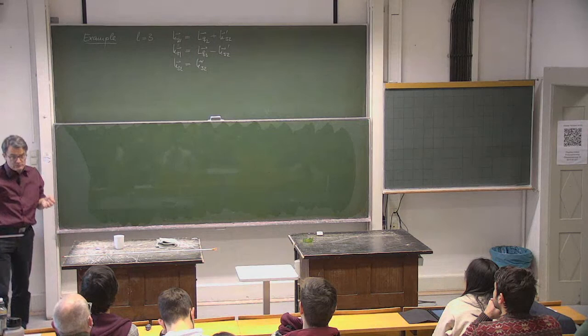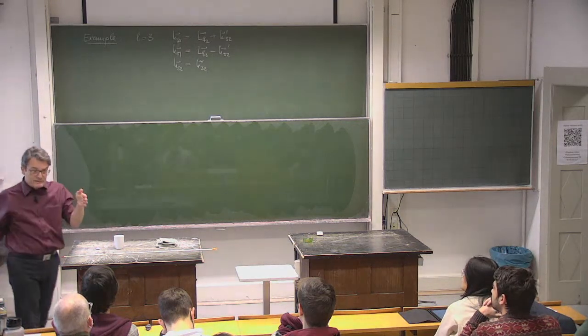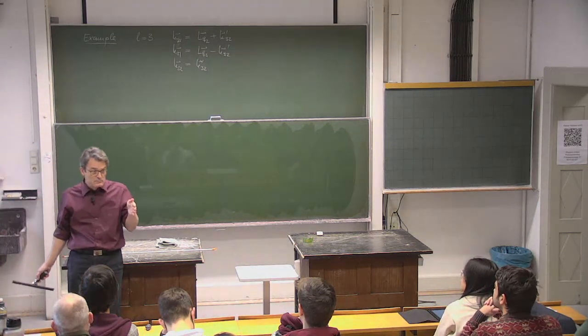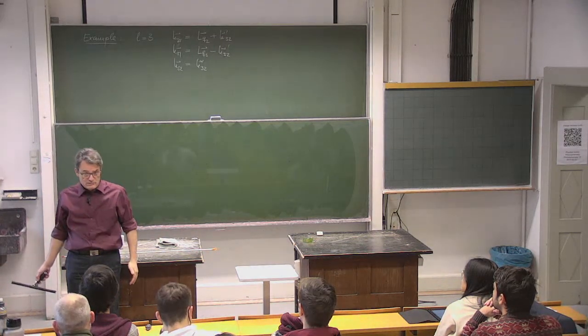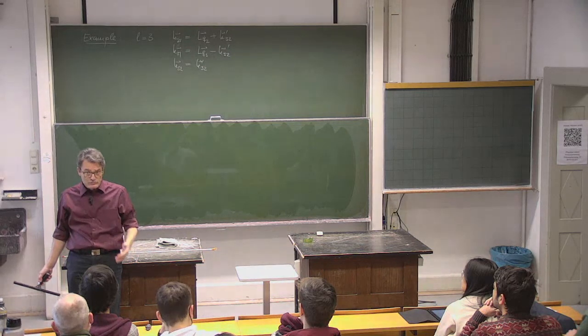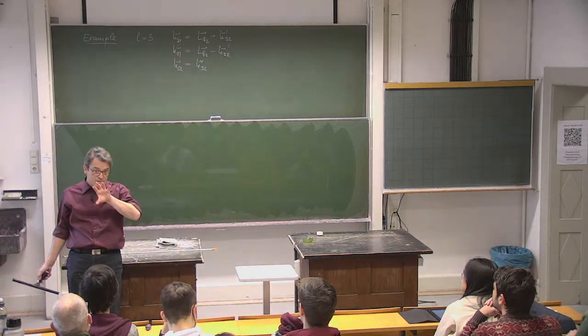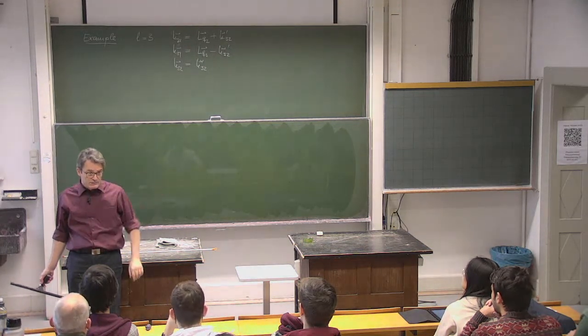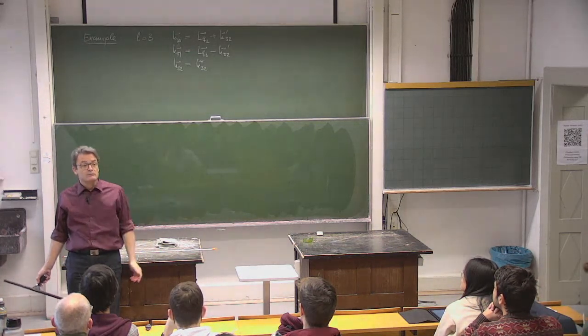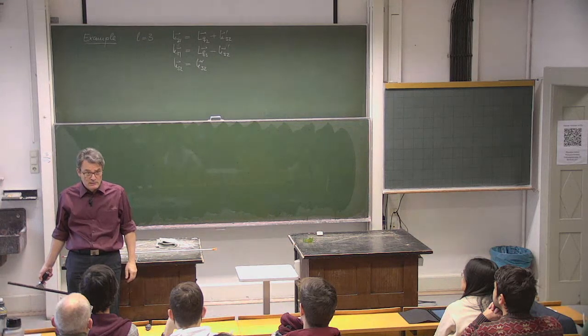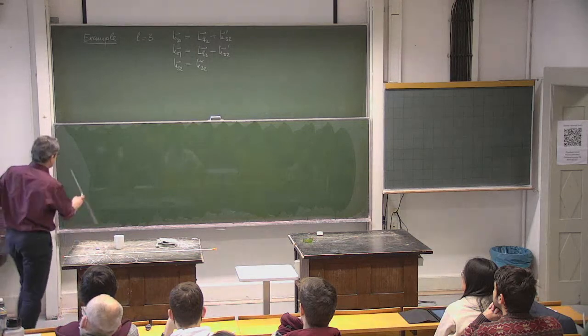And the goal is now to write down the generating functional, including interactions, but to try and pull out the interactions in operator form, such that the generating functional, including interactions, would be some interaction operator applied to the free generating functional. This is the goal. And yeah, we are going to carry this out now.